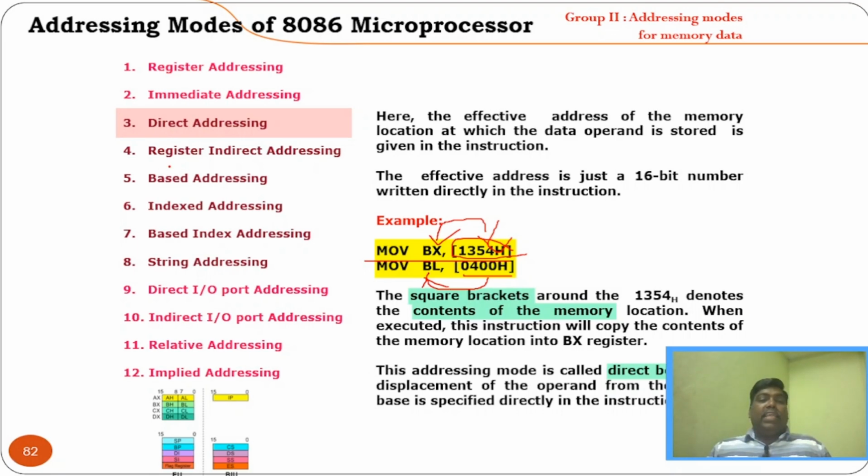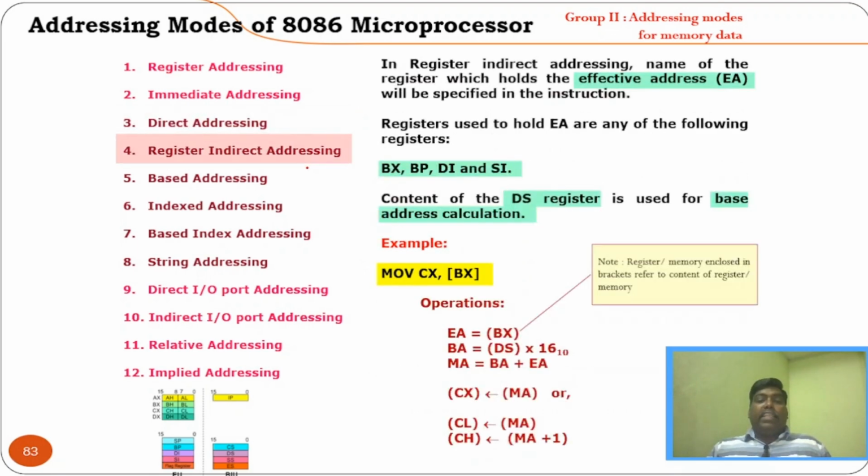What is register indirect addressing? That is nothing but, instead of giving the address directly, it is given in a register. You can see here whatever is inside the bracket represents the address, right? The address will be saved in this particular register, alright? So now the content will be moved to this particular register, right?